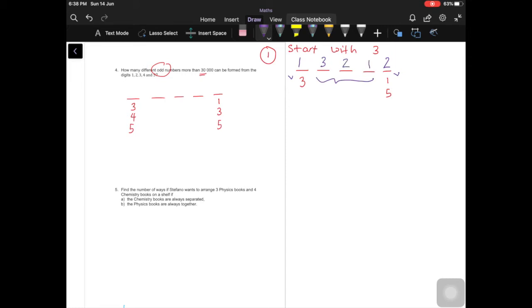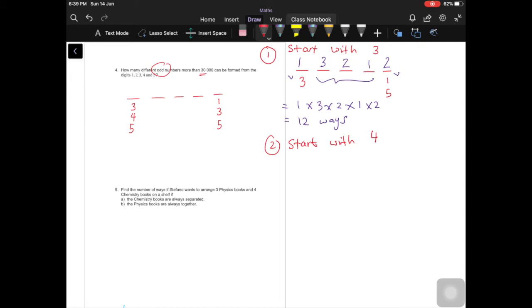So for the first case, how many ways? The answer is 1 times 3 times 2 times 1 times 2, which is 12 ways. Clear?